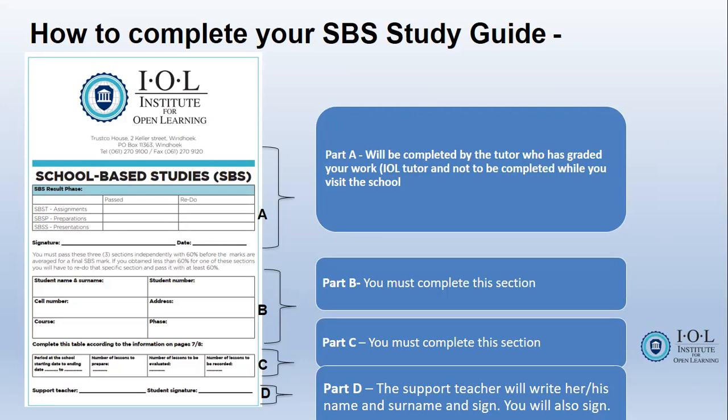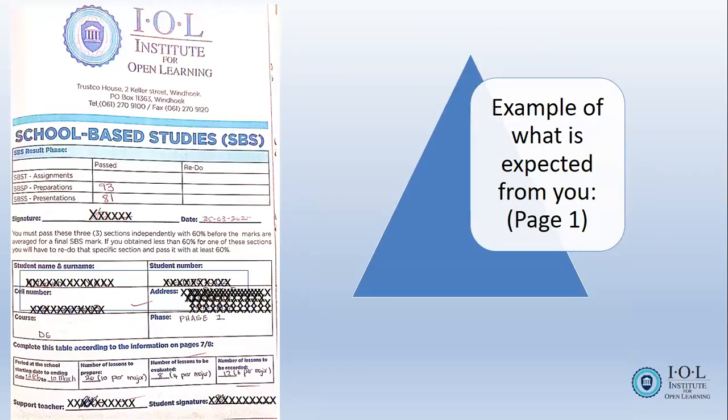And then you see support teacher, you need to put the name of your support teacher there so that we can phone your support teacher and the teacher can also sign. And then we would want you as a student also to add your signature.